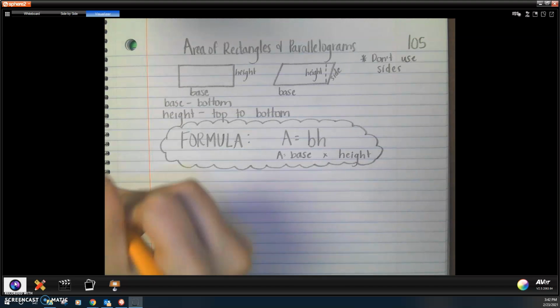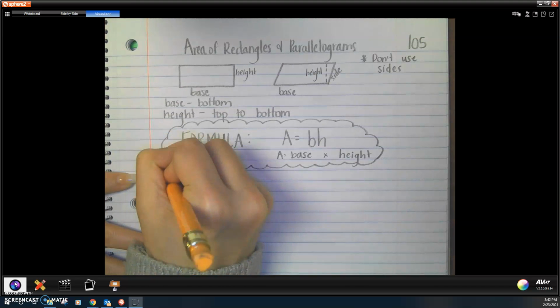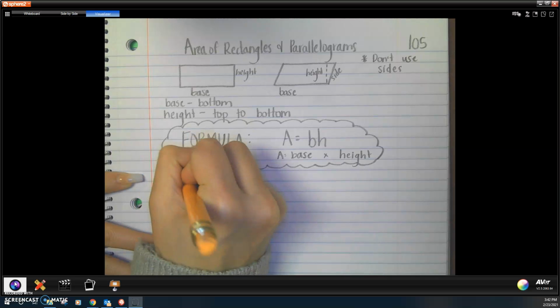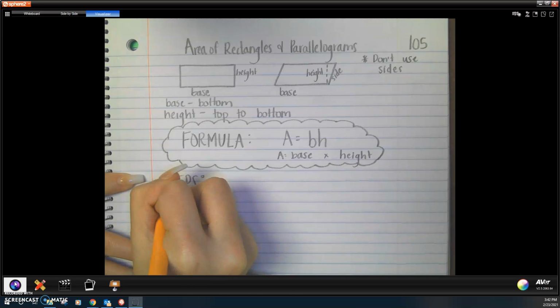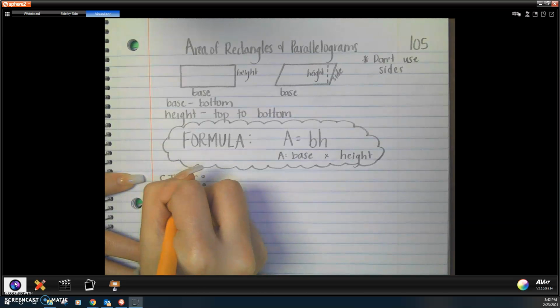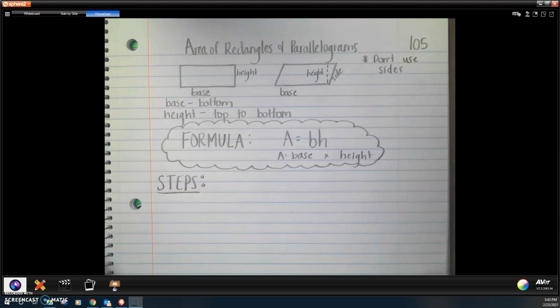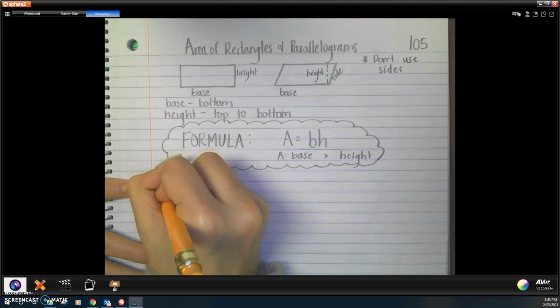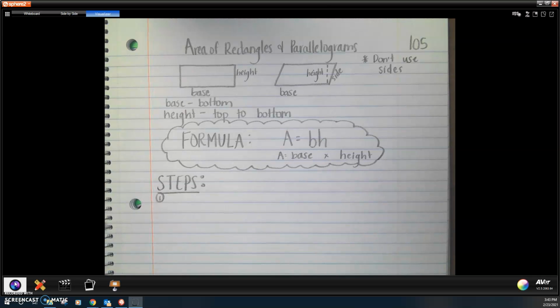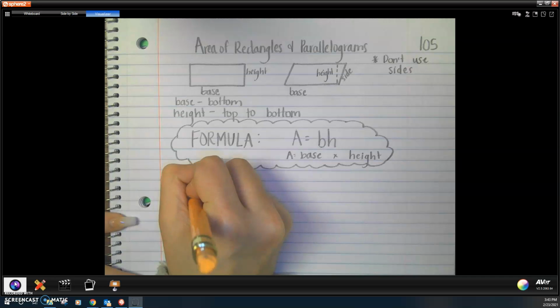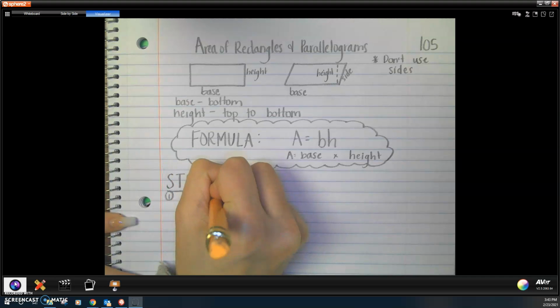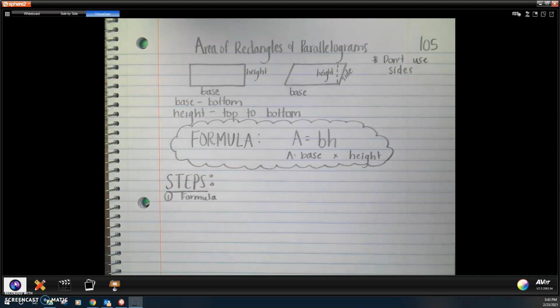Alright, so now I'm going to talk about steps, and these are the steps that I need to see for every single problem that you solve. It's just 3 easy little steps. Step 1, the first thing I want you to always write is your formula. Always write your formula so that you know what you need to do.